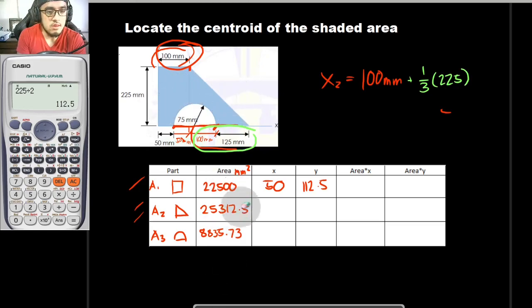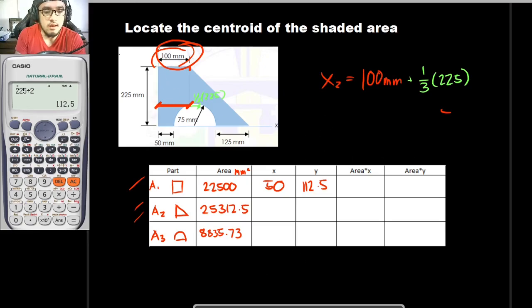Because for the center of this triangle right here, I will just be erasing this, 1/3 of this triangle is this. This is to be 1/3 of the base of the triangle. So 1/3 of 225, plus this dimension right here, since our x2 should be in reference with this axis right here.